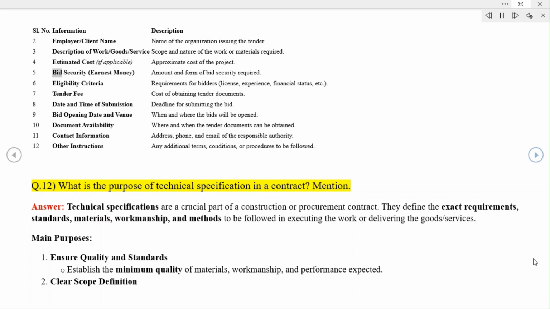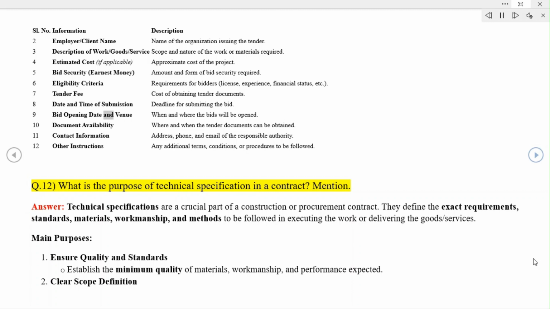5. Bid security, earnest money: amount and form of bid security required. 6. Eligibility criteria: requirements for bidders, license, experience, financial status, etc. 7. Tender fee: cost of obtaining tender documents. 8. Date and time of submission: deadline for submitting the bid. 9.